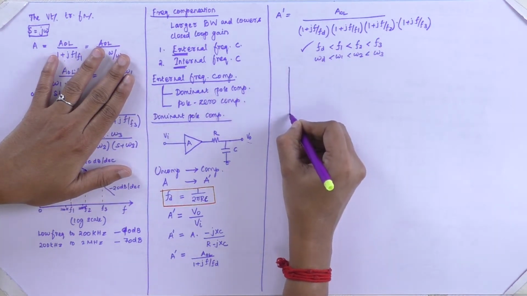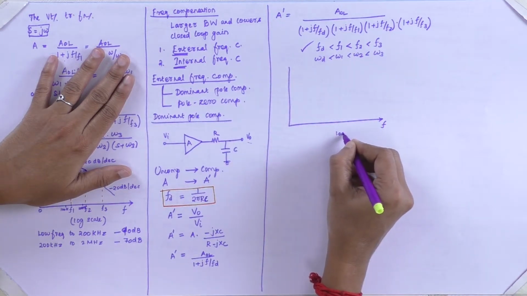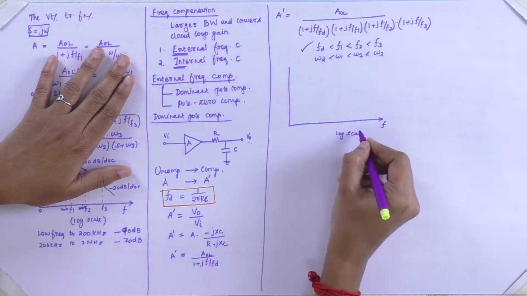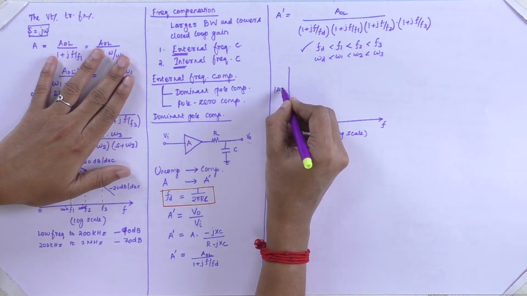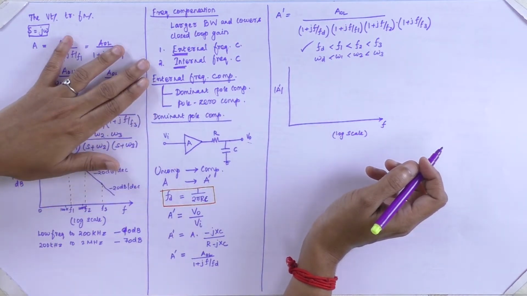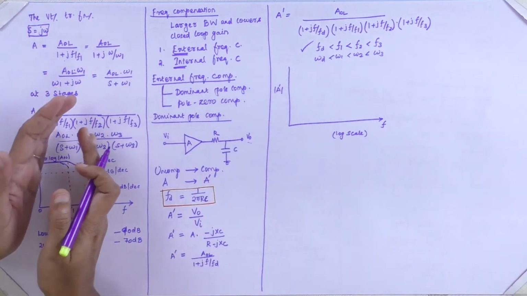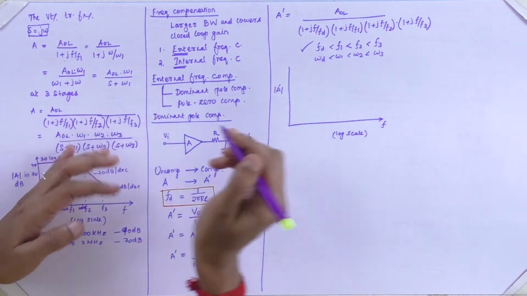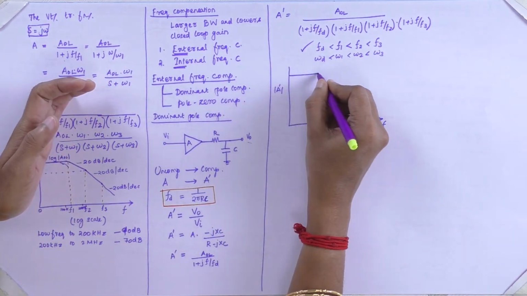Again I am going to draw the magnitude characteristics with the frequency using the log scale, and on the y-axis it will be the gain. Here the compensated gain is to be taken into account. In this frequency response, I draw the first circuit as such.